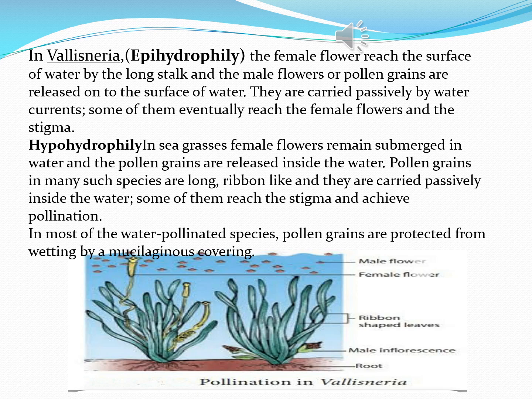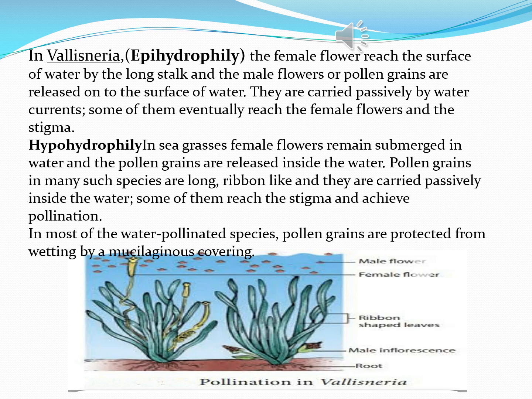After receiving the pollen grains, the female flower goes back inside the water by coiling. The long elongated stalk coils again, and the flower goes down.